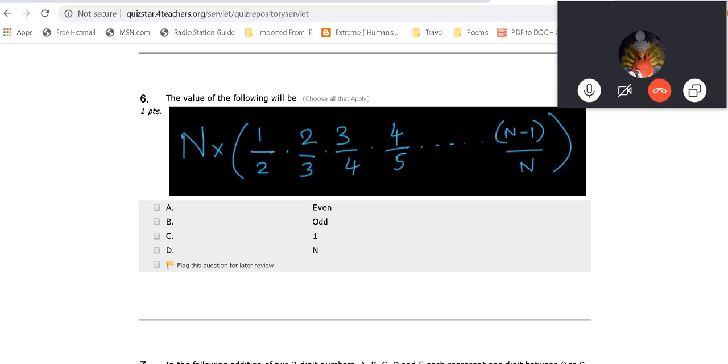What I'm saying is, if you have a checkbox in any question, then assume that there could be more than one correct answer. And if it is a radio button, then it will be one answer. Okay.